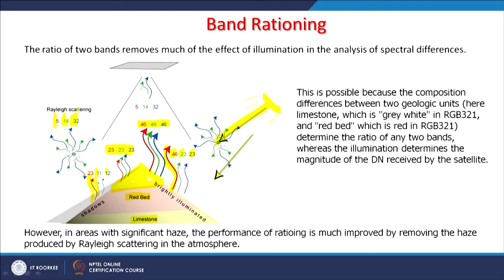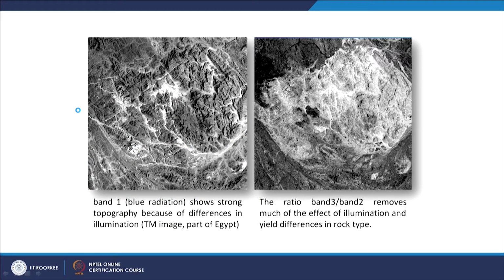So, if we perform band ratioing, we can exploit these differences occurring in different bands and create new outputs and very useful images. Let us see the example. Here on the left side, band 1, the blue radiation, shows that I can hardly differentiate between the different rock units or land covers present here.